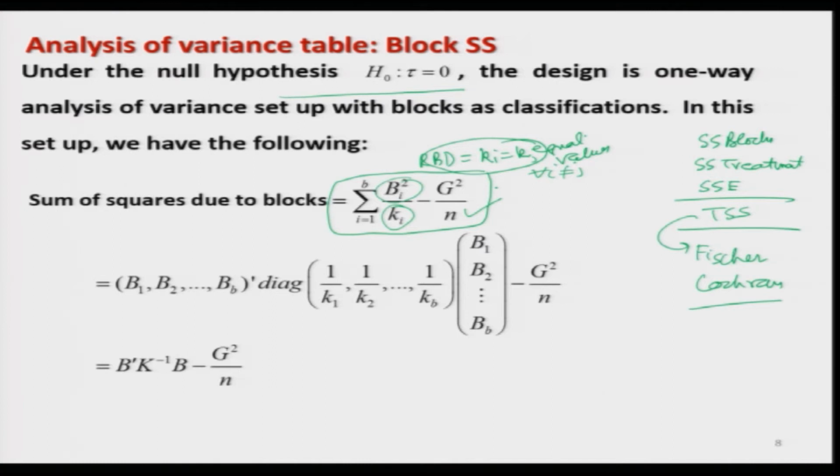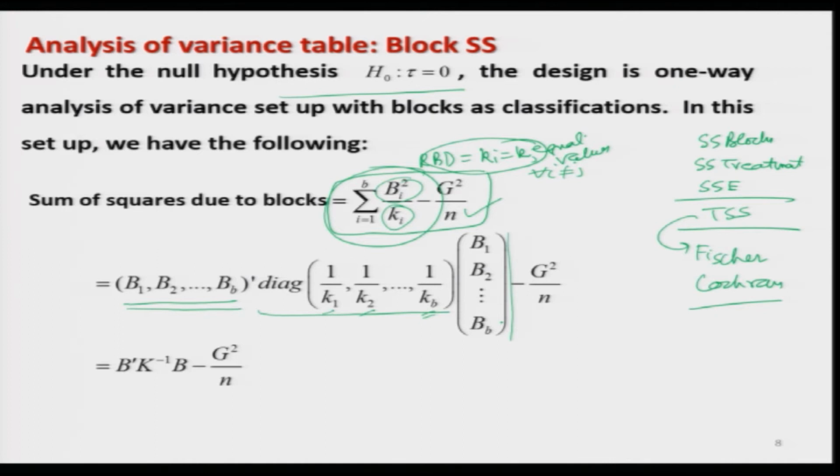Now, if you look at this term, summation B_i square upon k_i, suppose I write a row vector B1, B2, up to Bb, then a diagonal matrix of the elements 1 upon k1, 1 upon k2, up to 1 upon kb, and then a column vector B1, B2, up to Bb.